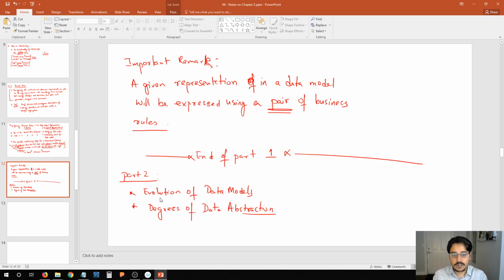Our discussion of the evolution of data models is going to be a brief overview, where we will talk about the different components and features or properties of the data models and how they have evolved from the early days, around the 1960s, to the present generation. The degrees of data abstraction are basically the steps that you have to follow when you're trying to create a good database design, and the different submodels that are involved in that process.